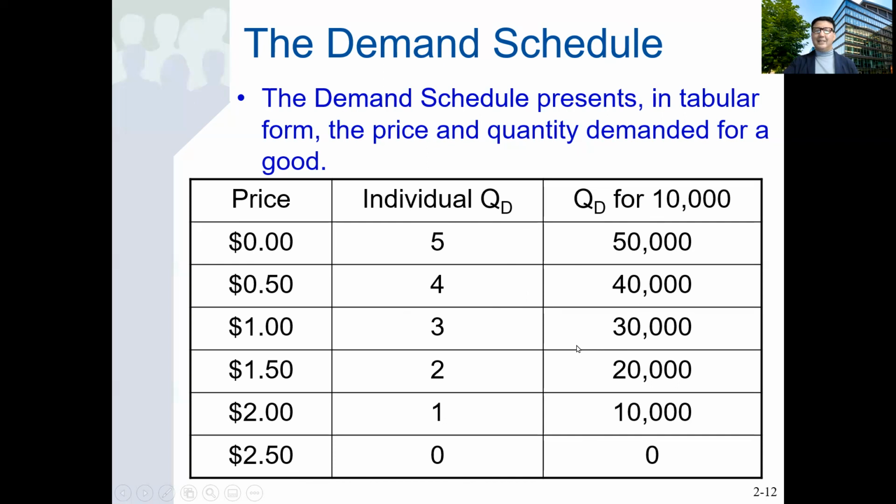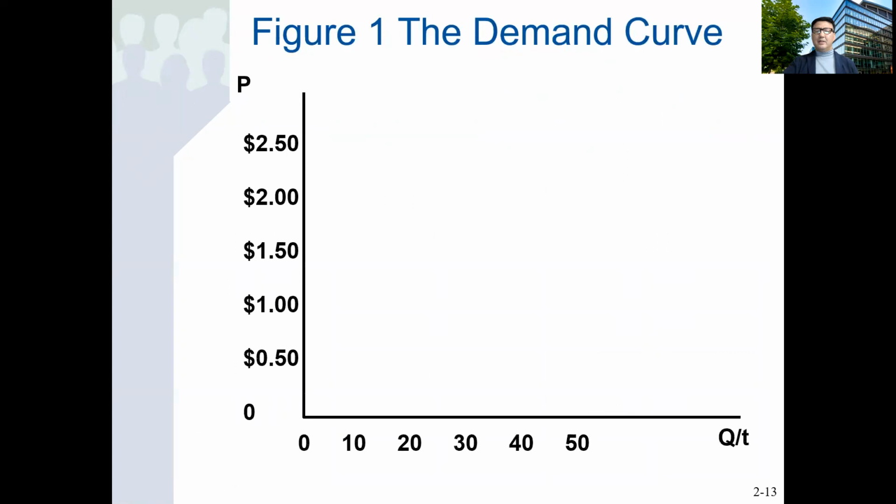Okay, so if you plot this demand on a graph, this is what it looks like. Essentially, what this means is that if you're selling orange juice at $2 by a street vendor, you can sell about 10,000 orange juices per week.